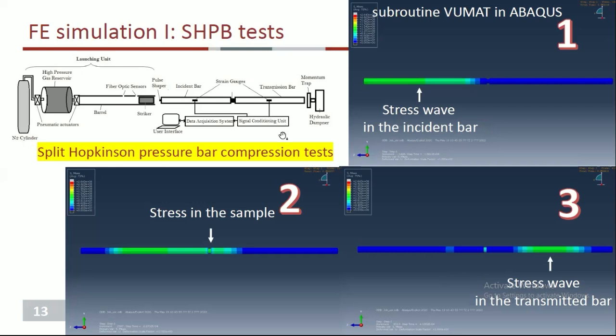In this test, we generate a stress wave by impacting the first bar, which is the incident bar here, and then measure its propagation through the sample itself, and in the second bar, which is the transmitted bar, to evaluate the plastic response of the sample. At the end, we compare the simulation results with experimentally measured stress waves propagated in these two different bars, and also the stress level we can measure of the sample.